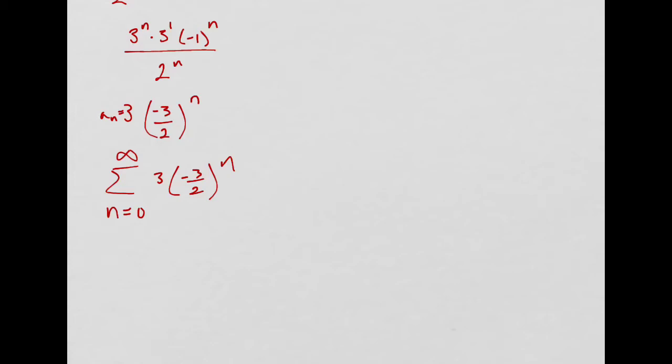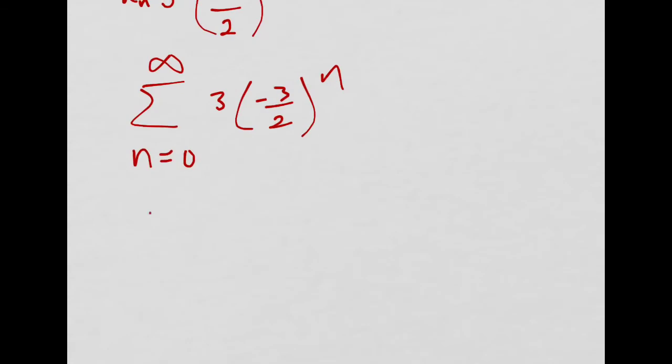And we found out that this actually doesn't need to start at 1. We can actually still use the nth term test for divergence. It won't change anything. So I'm just going to use it, and the limit as n approaches infinity of this. Ooh, this is interesting. This actually oscillates. It does not exist, which is not 0, right?